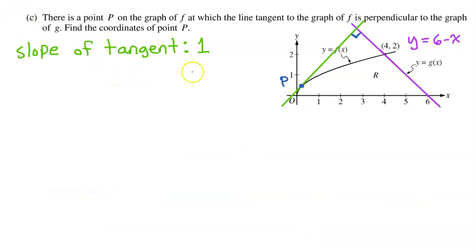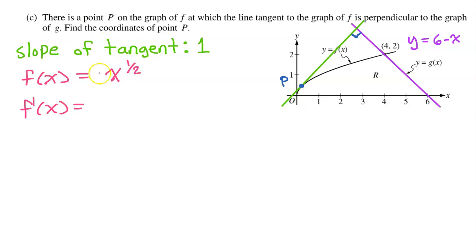Let's see if we can use this information to find the coordinates of point P. Remember that we were told in the setup that f of x is the square root of x. We know that the slope of a tangent line is given by the derivative. So let's find f prime of x. Let's think of f of x as x to the 1/2 power.